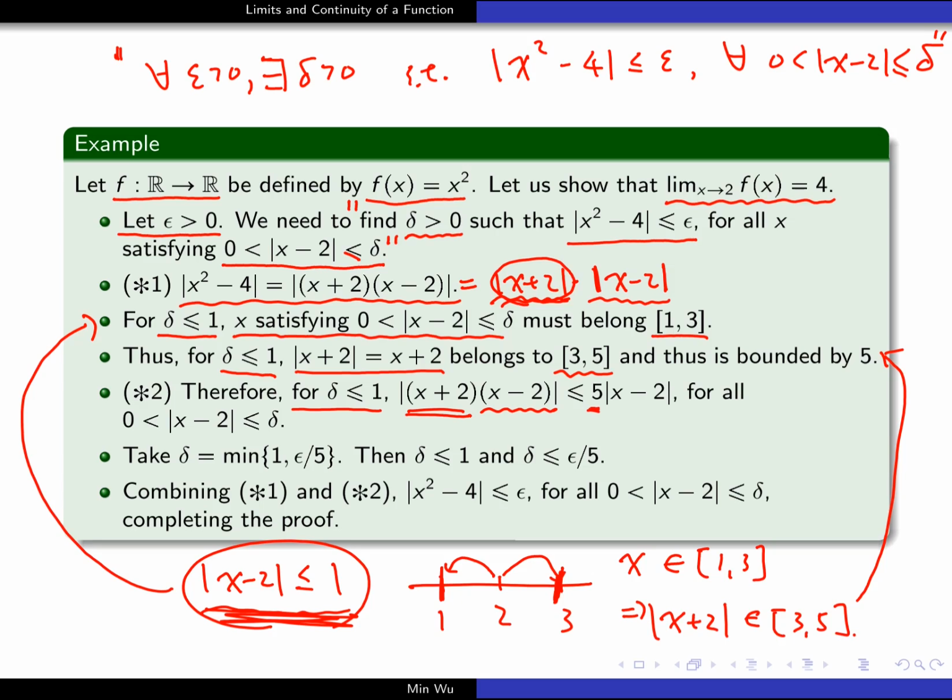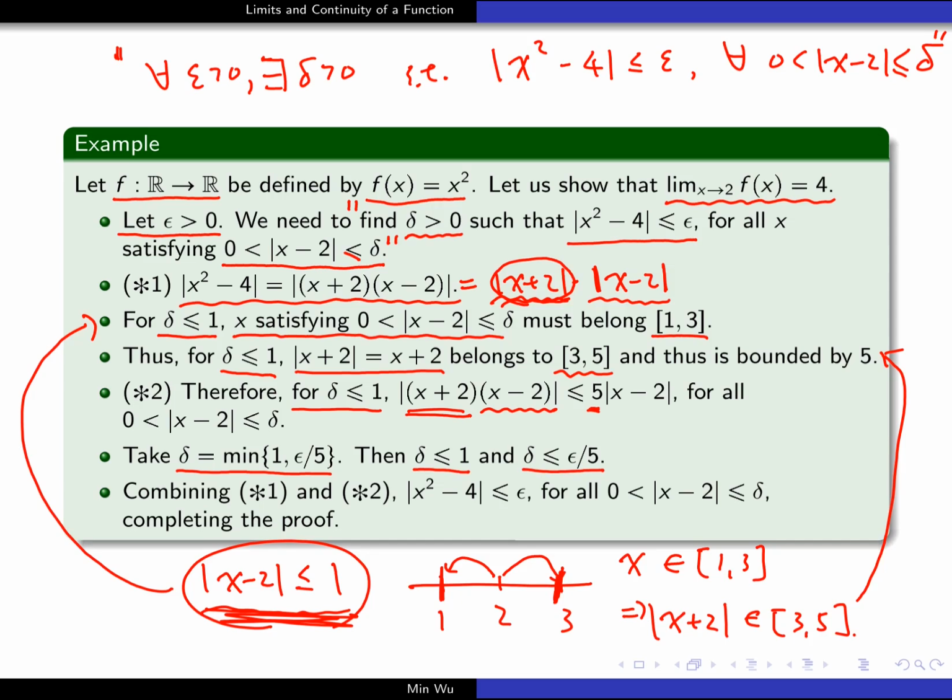And then we can take delta equal to the minimum of 1 and epsilon over 5. Because it's the minimum of these two, it must be less than or equal to either 1 or epsilon over 5.